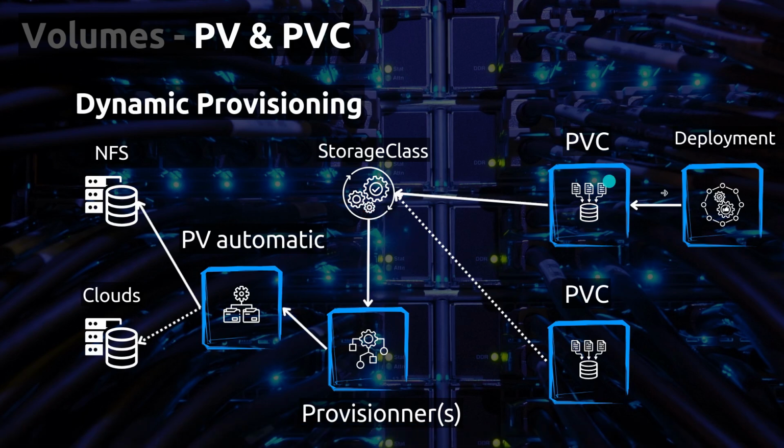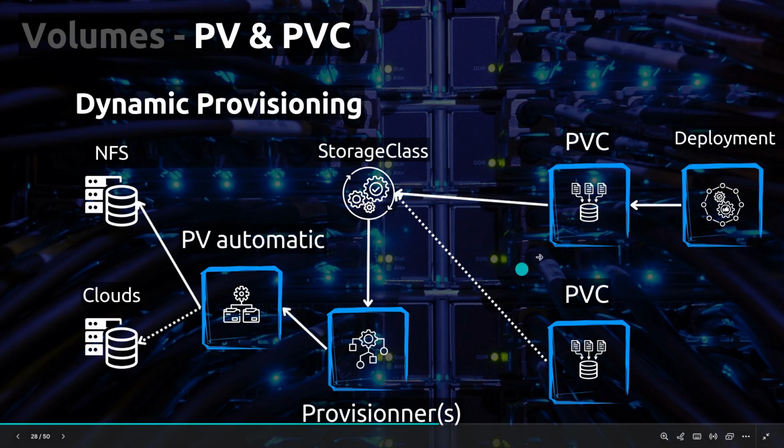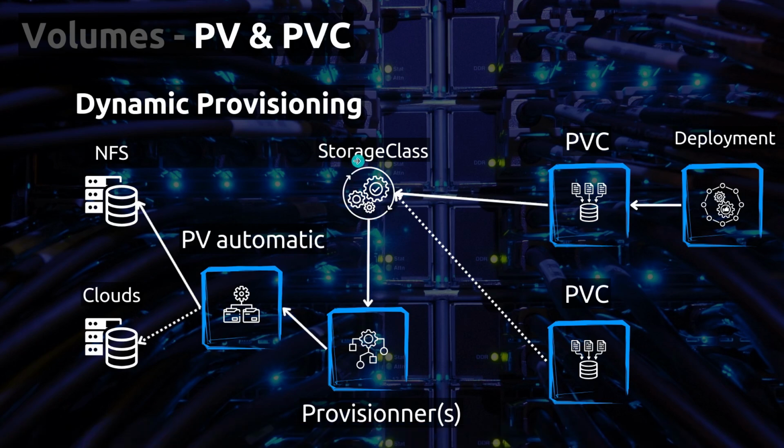And when you use a persistent volume claim with this storage class provided by the provisioner that you installed inside the cluster, the provisioner just checks the storage class usage and automatically creates the persistent volume that you need for your persistent volume claim.